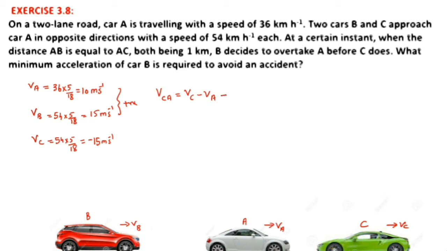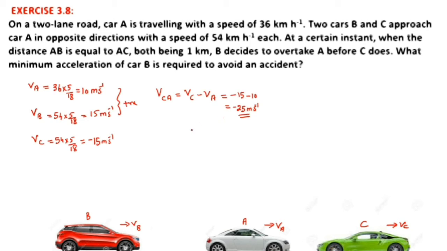VC we have taken as minus 15, minus VA, which is 10. So the relative velocity is equal to minus 25 meter per second. That is the relative velocity of car C with respect to A.